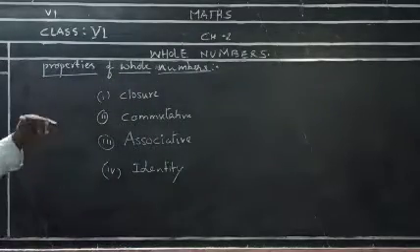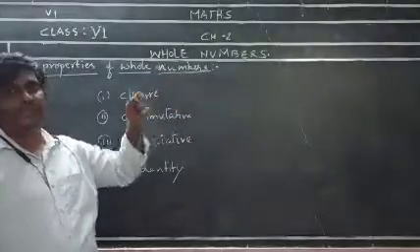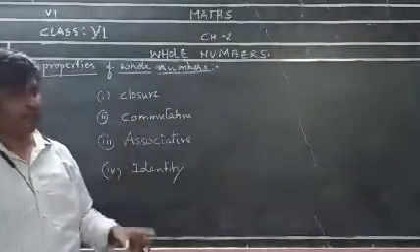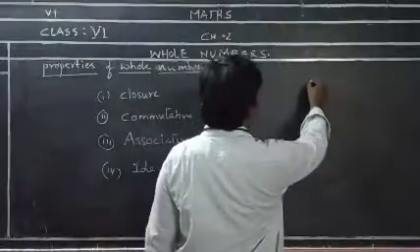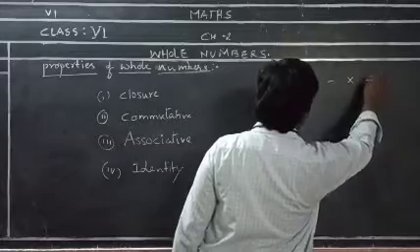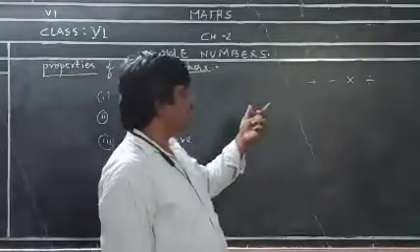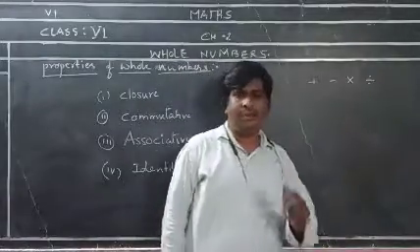Actually, what is closure property? To describe this property, we must consider operations. What operations do we have? We have operations like addition, subtraction, multiplication, and division. These are the 4 operations. Technically, these are also called binary operations.